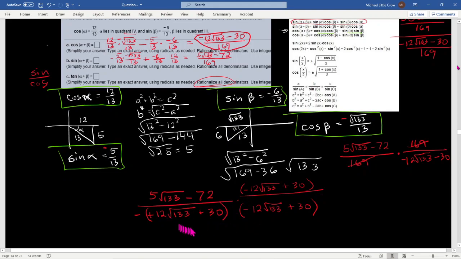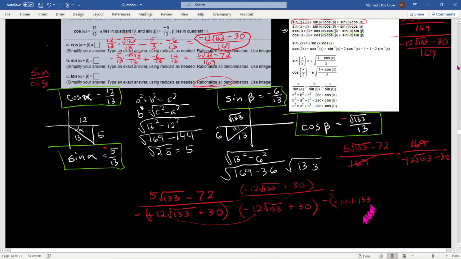Okay, so doing foiling, 12 times 12, we've got a plus and a minus, so that's going to be 144, with a negative. I'm just multiplying these two. Got the negative on the outside, so that's this negative here. So 12 times 12 is 144. Square root of 133 times square root of 133 is 133.